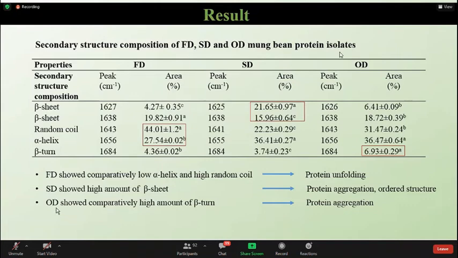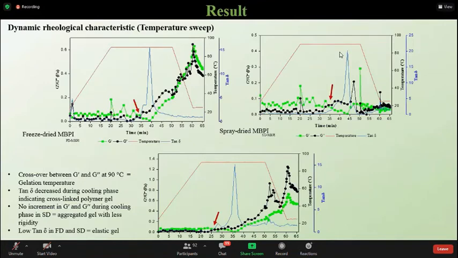And for the oven drying, you notice protein aggregation. So because of this, different drying techniques will give different characteristics of the protein. So this is the rheological characteristic of the different drying techniques.